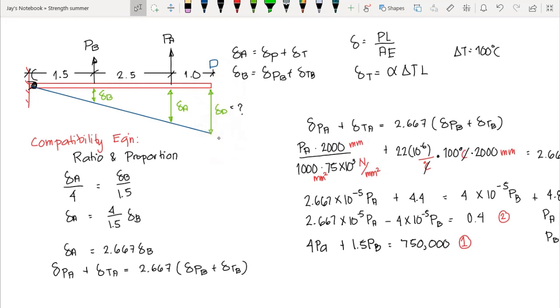We have the relationship, that is the deformation or vertical displacement at D over the distance from C, that is 5, is equal to, we could use either deformation at A or at B. Okay, so let's use deformation at A over the distance from C, that is 4. Okay, so therefore, we have the relationship that the deformation at D is equal to 5 over 4 of the deformation at A. So we are going to use this compatibility equation.